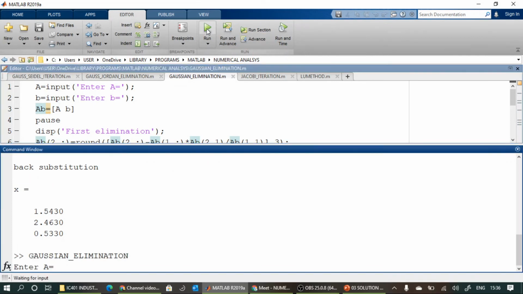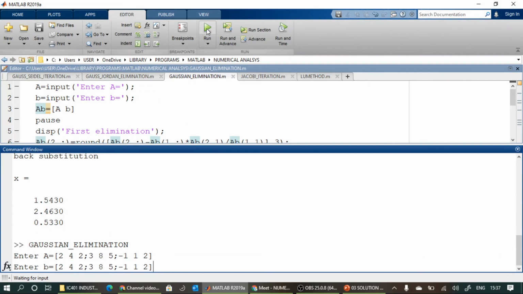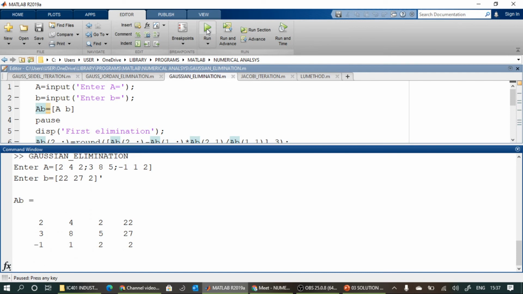Okay, so say instead of 17, if I am selecting 2, same B. So this is the AB augmented matrix. Now this is the augmented matrix after first elimination. This is the augmented matrix after second elimination.